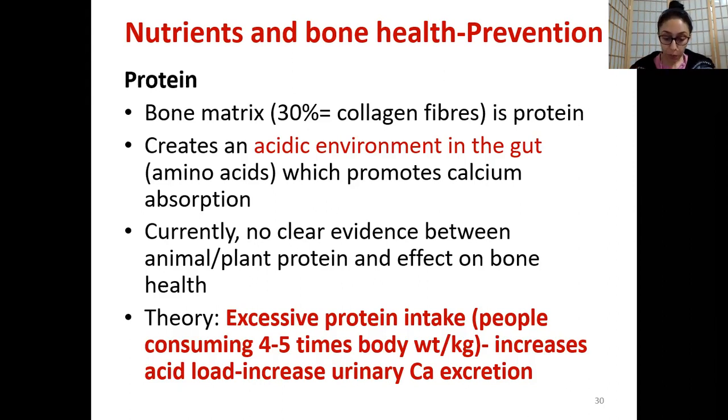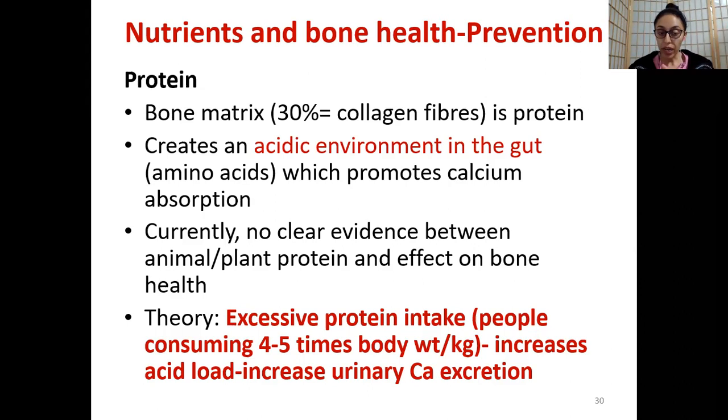Why? Because when protein is broken down into amino acids, it creates an acidic environment, and this favors the absorption of calcium from the food. So it extracts as much calcium as possible from the food, and promotes calcium absorption from the diet which you eat.